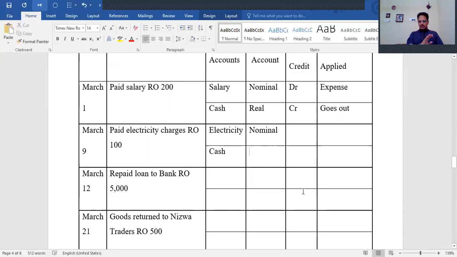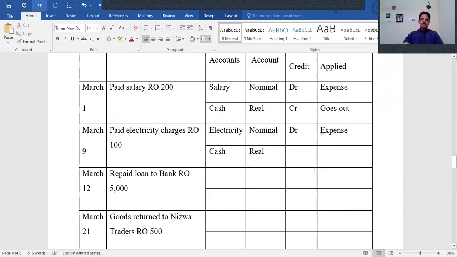Nominal accounts are accounts of expenses, losses, incomes, and gains. Now, cash is an asset. Asset comes under real account. So, nominal account, electricity. The nominal account rule is debit all expenses and losses. Electricity is an expense, so debit. Why do you debit? Because it is an expense.